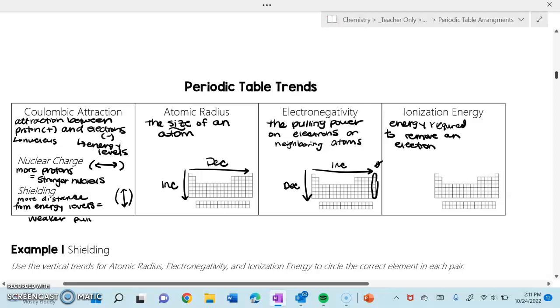This is kind of the same trend as electronegativity, just worded in the reverse. The stronger something's pulling power is, the more energy is going to be required to remove it. And the less pulling power, the easier it will be to kind of take one away.